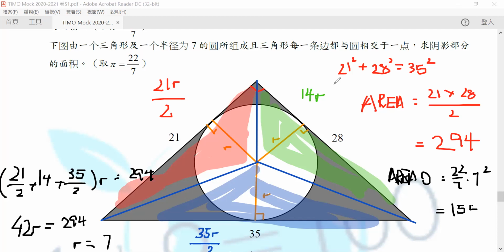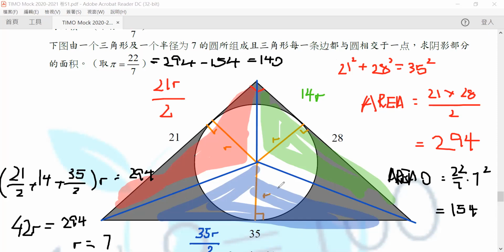So our area will be equal to 294 minus 154, which is equal to 140. 140 is our answer. Now, the most important part of this question is not really about how to calculate the shaded part, but knowing how to calculate the radius of an inscribed circle.